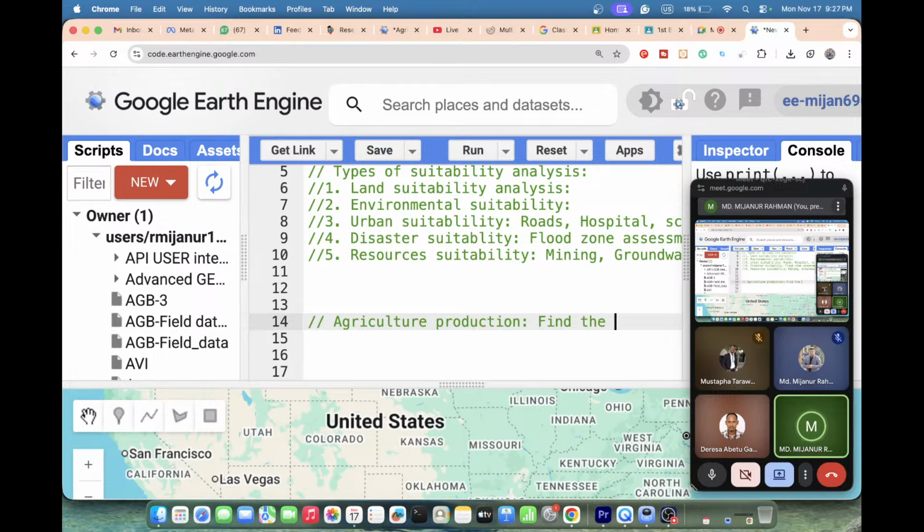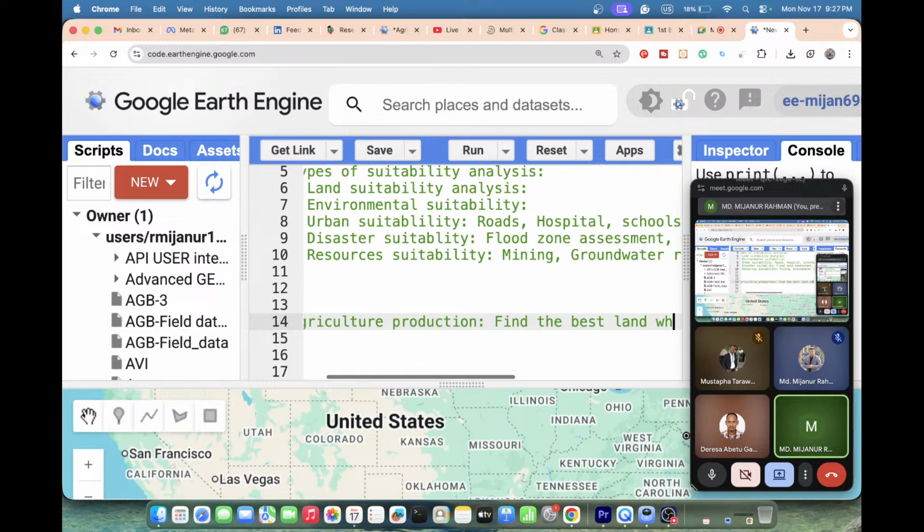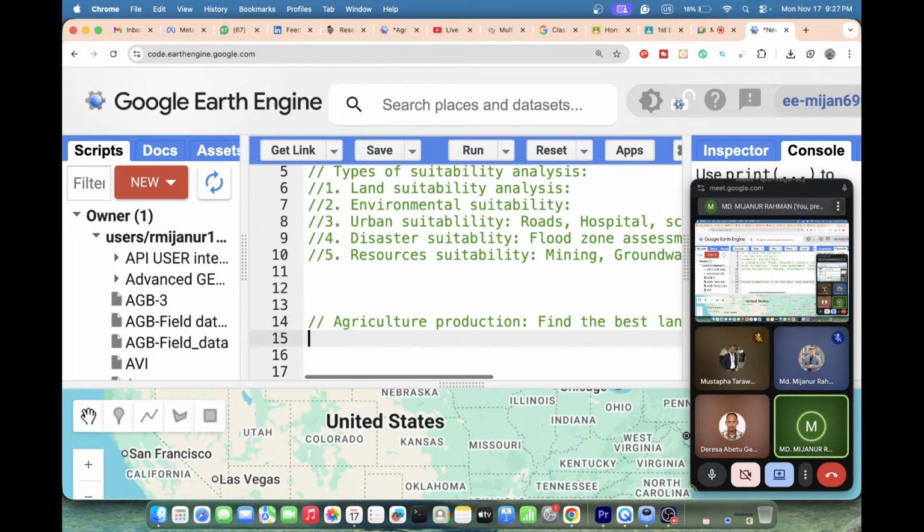I want to find the best land area where the soil is fertile. This is my one condition: soil is fertile. Suppose I have a place where the soil is very good and very fertile. Then I choose it as a good agriculture production area.